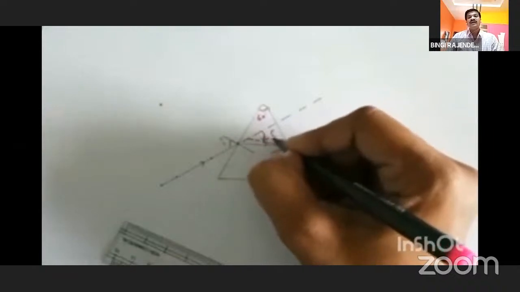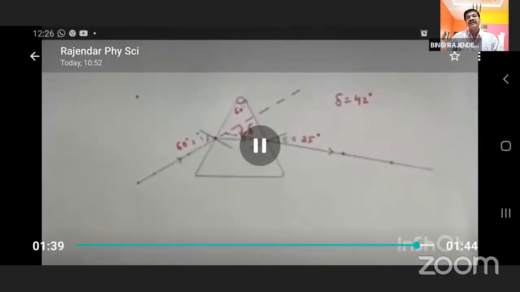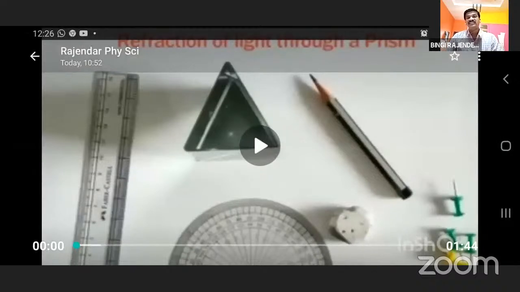Where the two meet, that angle is known as the minimum deviation of the incident ray and emergent ray, that is 42 degrees in this lab activity. This is our lab activity.